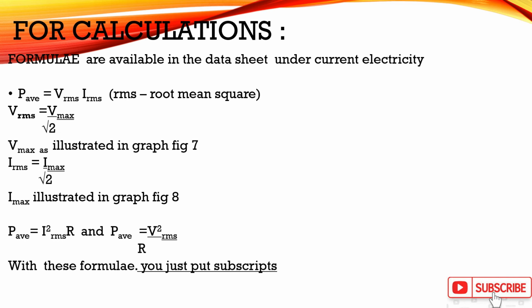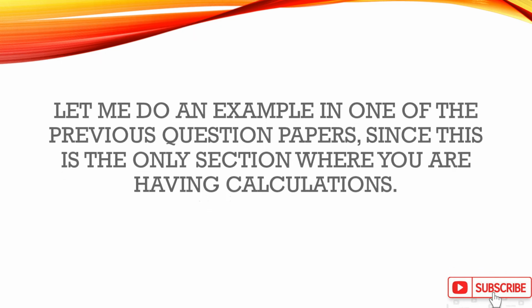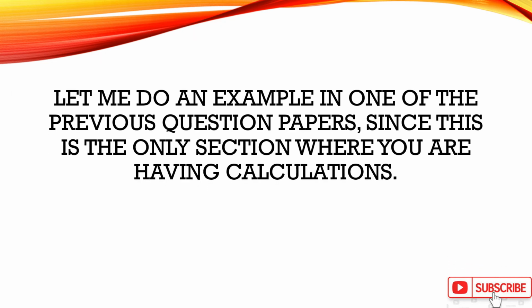For P average, for voltage you put rms, for current you put rms as the subscript. Let me give an example from one of the previous question papers, since this is the only section in this topic where you have calculations.